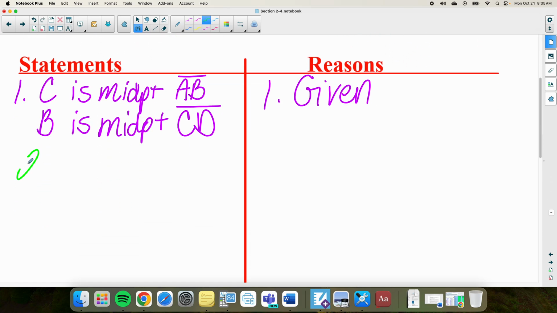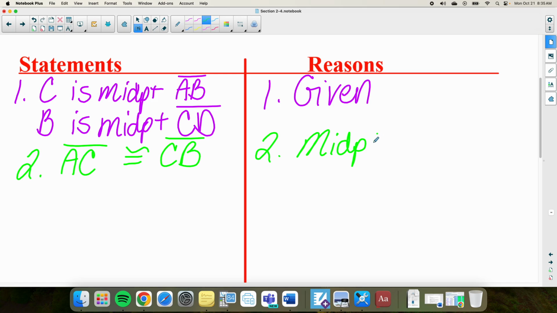So I would say AC is congruent to CB, and that is the midpoint theorem. So because C is the midpoint, I can say those two pieces are equal.